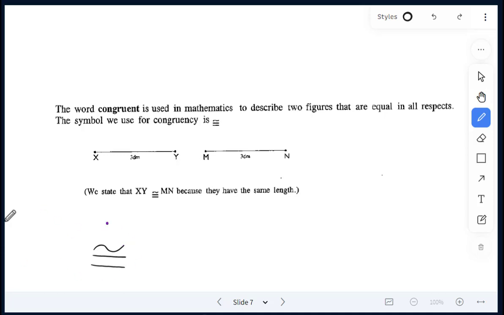That symbol represents congruence in mathematics. In this case, we have 2 line segments, XY and MN. We can see that both of them are 3 decimeters in length. So we can say that XY is congruent to MN. They have the same length.